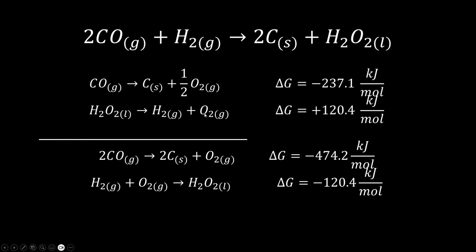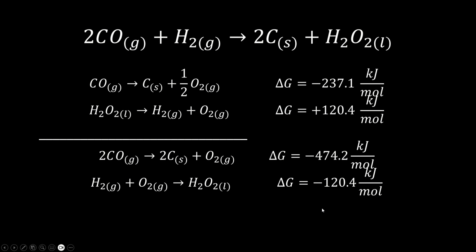So instead, we'll take our products, hydrogen gas and oxygen gas, and make them reactants. And we'll take our hydrogen peroxide that was a reactant, and we'll now move it into the product side. If you make that change in a chemical reaction, well then, if our delta G was originally positive 120.4 kilojoules per mole, our modified reaction now has a delta G of negative 120.4 kilojoules per mole.